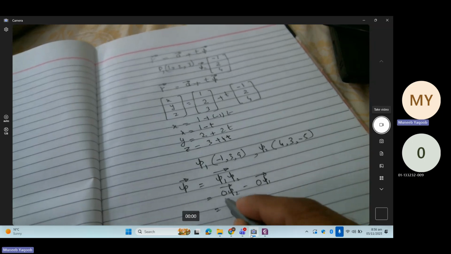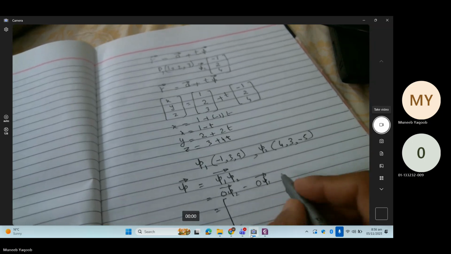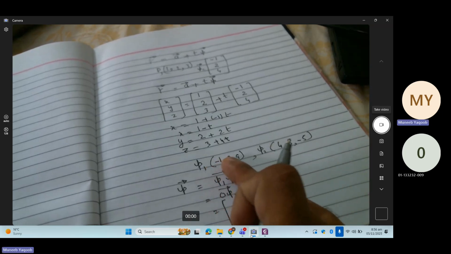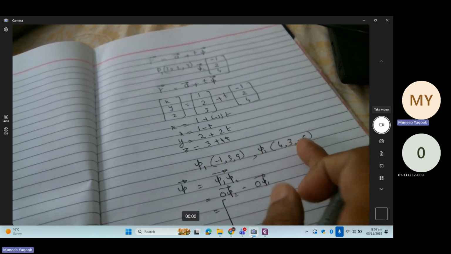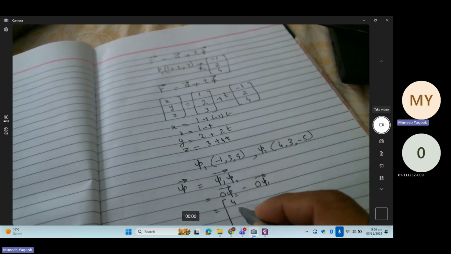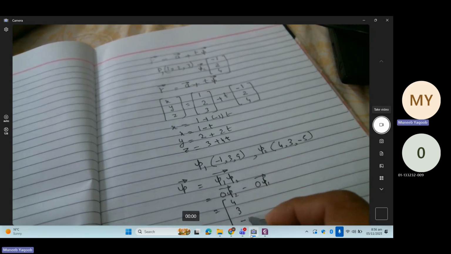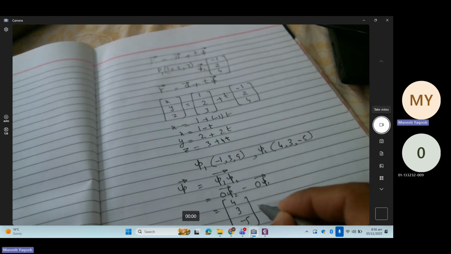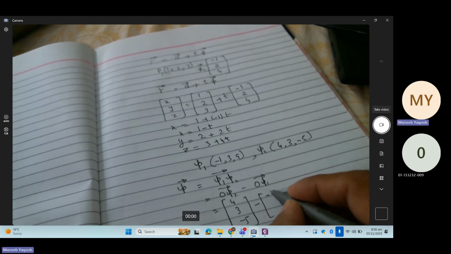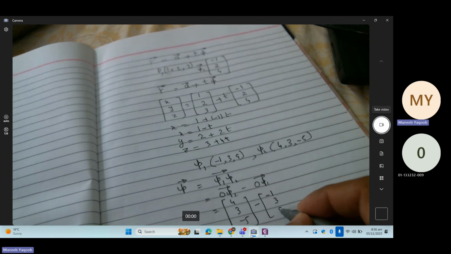That is, we will subtract OP1 from OP2. So first of all, we will write OP2, which is 4, 3, -5. And then we will subtract OP1 from it, that is -1, 3, and 9.